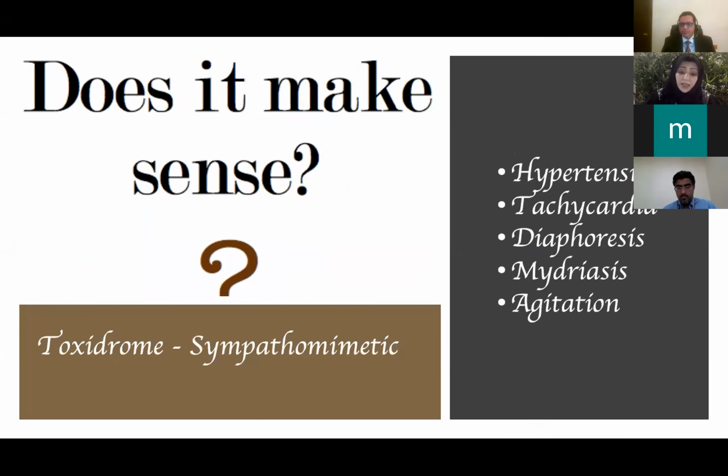Keep in mind, guys, the agitation and the madness, because we have norepinephrine receptors in the brain. It's a neurotransmitter. We have acetylcholine receptors in the brain, and so all of those are not just systemic; they're also central.